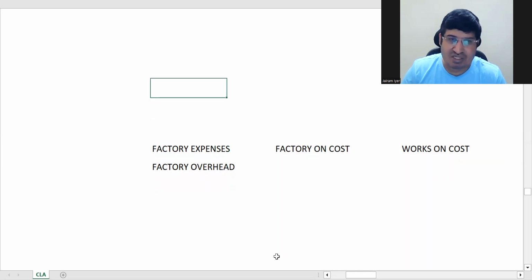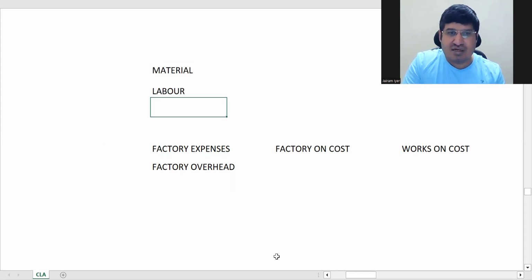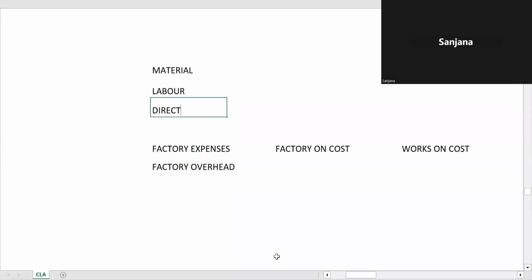But before this, what did you have? You had material, you had labor, and you had direct expenses. All this totaled, we got prime cost, correct?